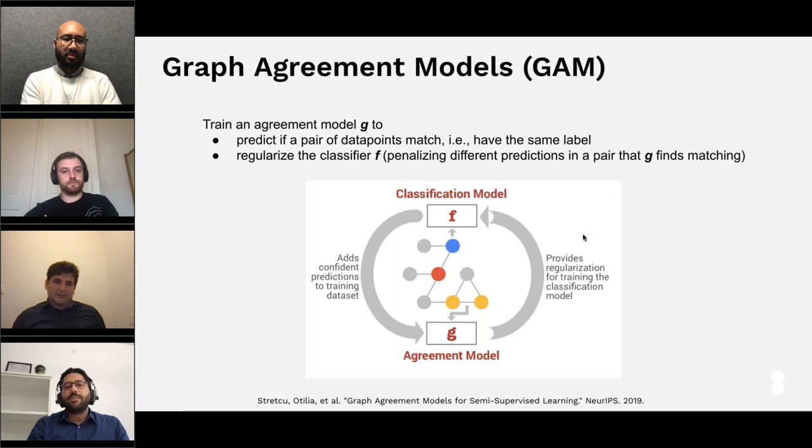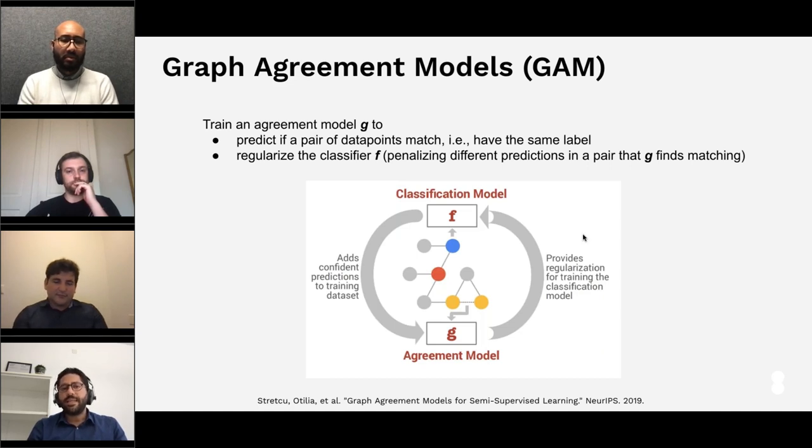The graph agreement model is something pretty nice, and the idea is you train an agreement model, let's call it G, that does 2 jobs. First, it predicts if a pair of data points match, which means if they have the same label. So it actually takes 2 data points at the same time, and it says if they are sharing the same label.